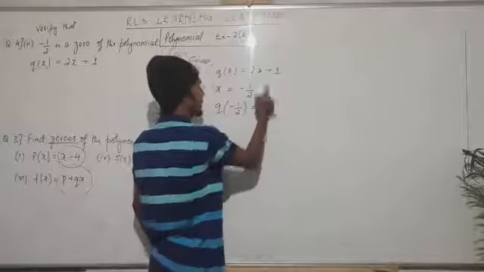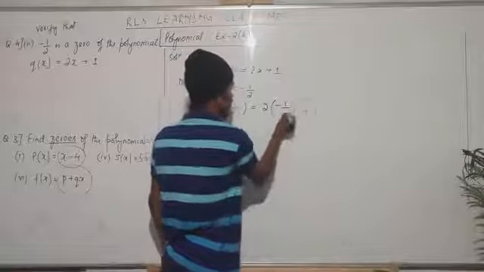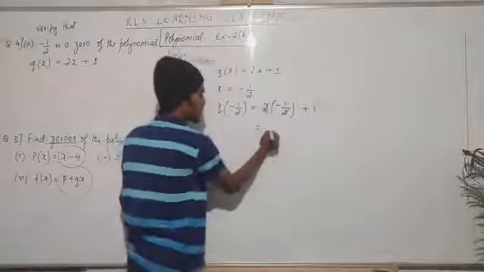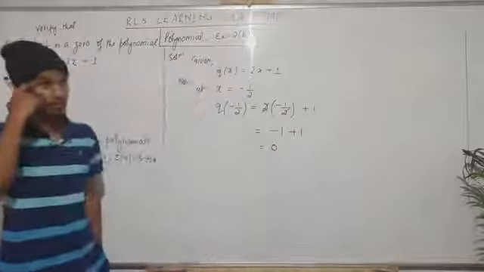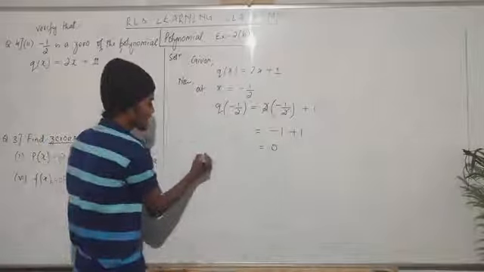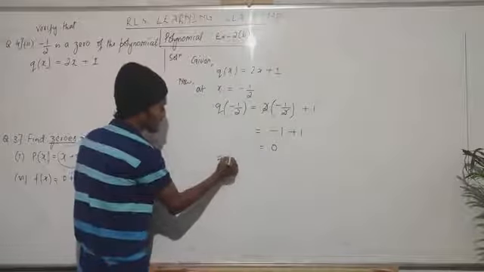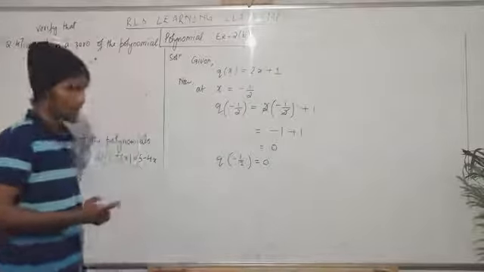Then do like this: in place of this x again, minus 1 by 2, then plus 1. Now this 2 and this 2 cancel, and left here minus 1 plus 1. Now we got 0. Whenever we get 0, then this value will be the zero. And since q of minus 1 by 2 is equal to 0, since we got 0, right?